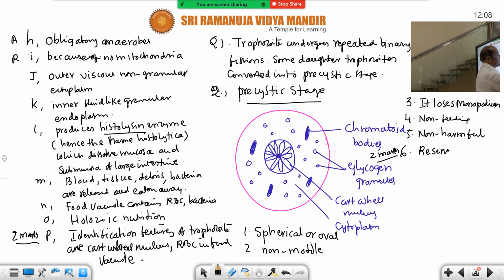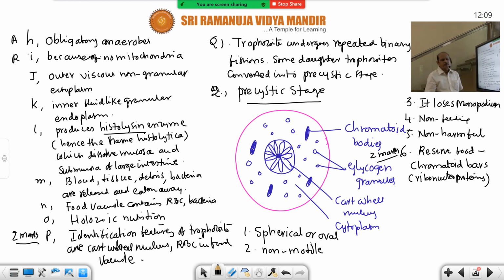Reserve food materials are present in the pre-cystic stage in the form of rod-shaped chromatoid bodies or bars. You can say they are rod-like structures. Chromatoid bars or bodies contain ribonucleoproteins, just like Nissl's granules. In Nissl's granules, what type of structures are present?